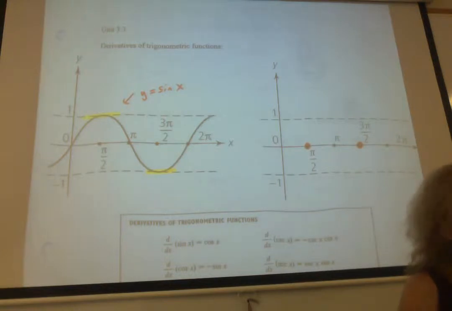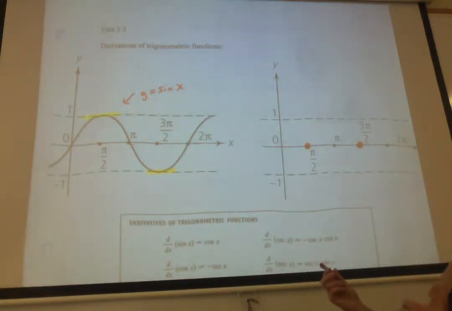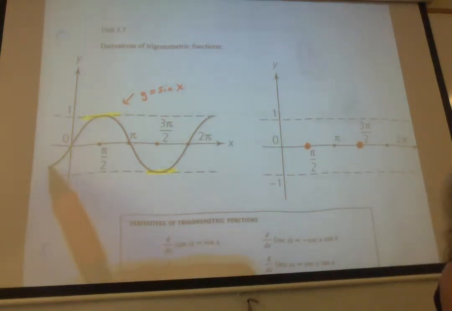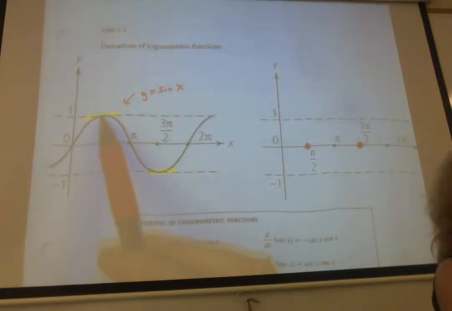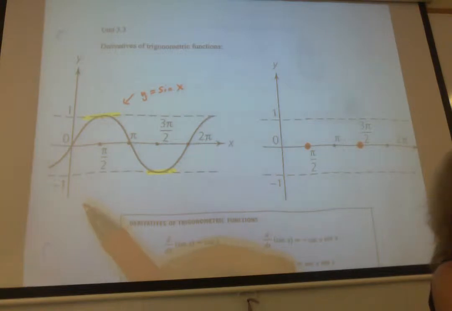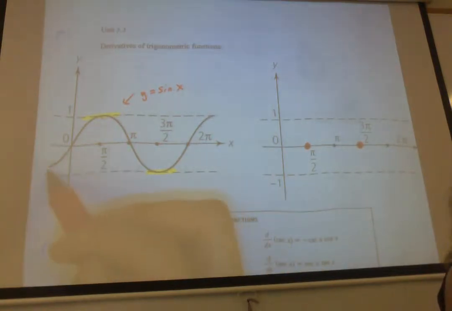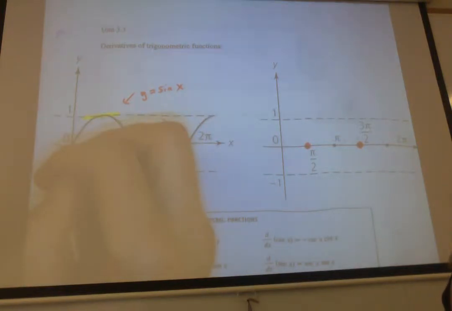Now let's go back and look at what is happening from here to here. It's positive, correct? Okay, it's positive, but it's approaching 0, correct? Now, where is it going to have the steepest slope? Looks like right here.